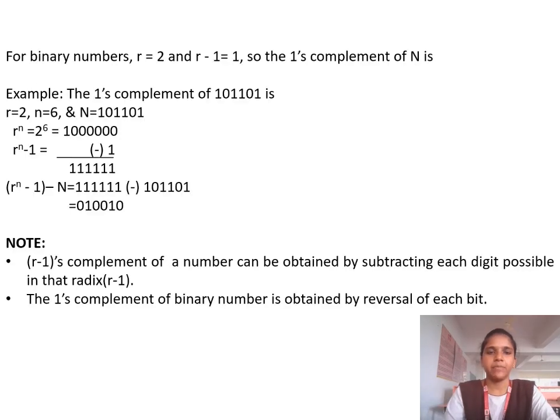For binary numbers, R is equal to 2 and R minus 1 is equal to 1. So the 1's complement of N is given by the following process.